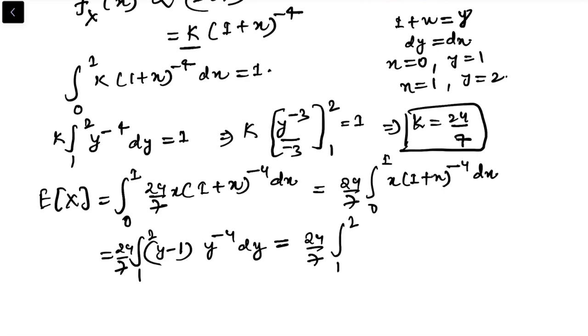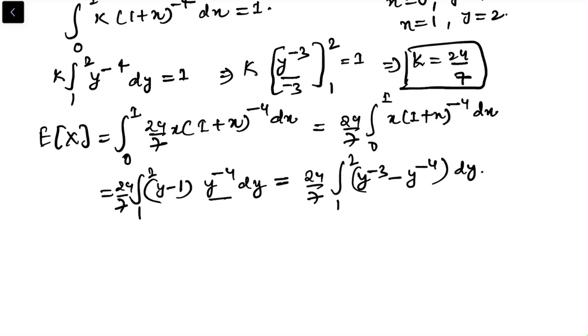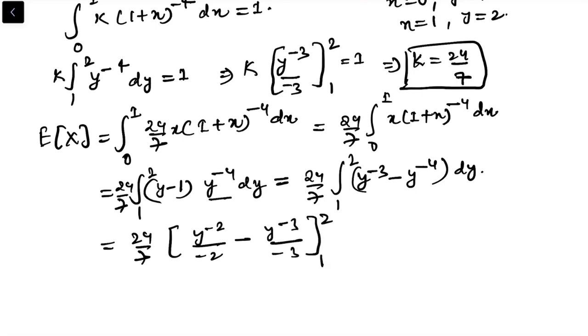Let's multiply this term inside the bracket. So this is y to the power minus 3, minus y to the power minus 4, dy. Then 24 over 7, the integration of this is minus 2 and y to the power minus 3 over minus 3, and the limit is 1 to 2. When you solve this and put the values inside the bracket, you'll get 2 over 7.